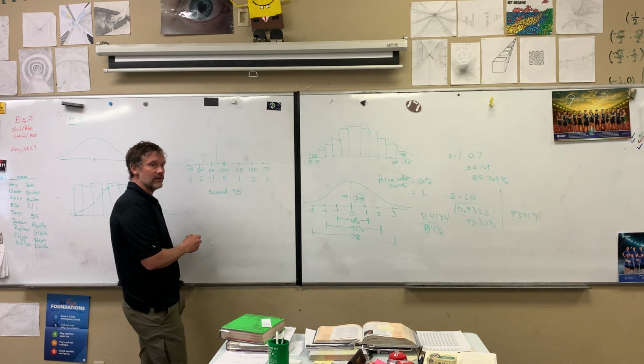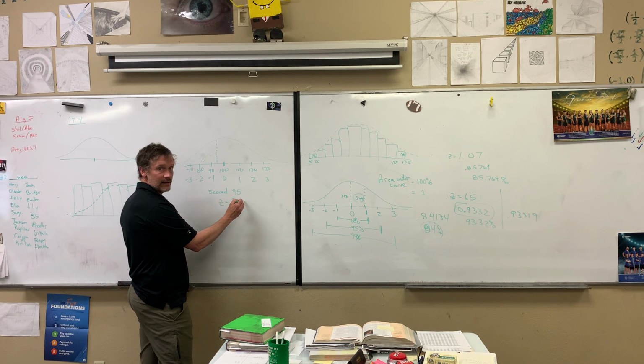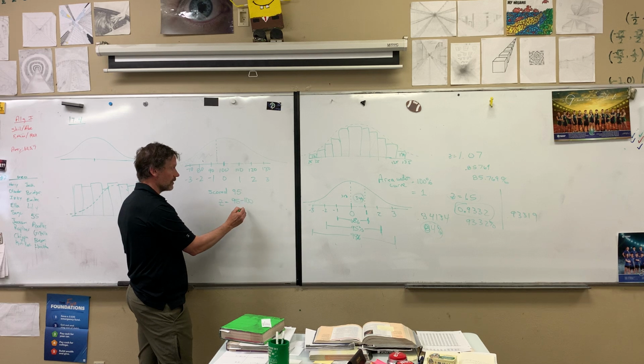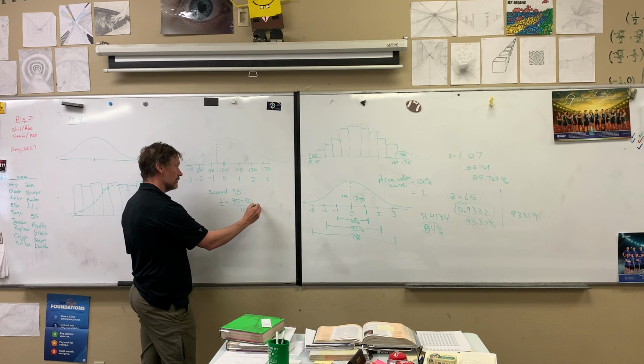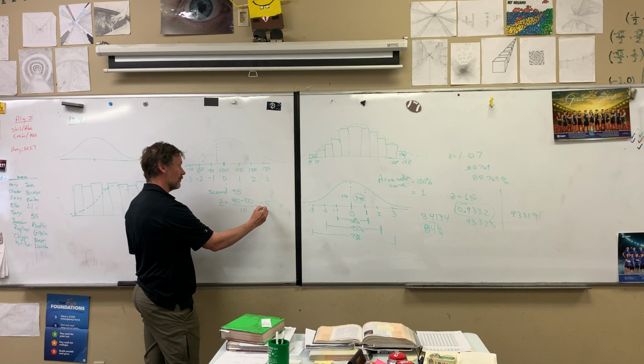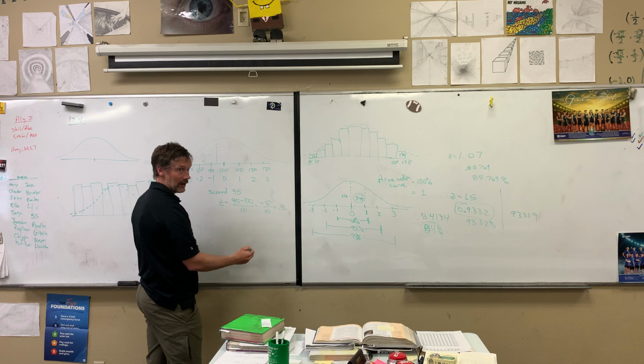How do I get a z-score out of a score of 95? Well, I take my 95 minus the average, 100, and then divide by my standard deviation, which was 10. So in this case, I would get negative 5 over 10, so -0.5 or 1/2.